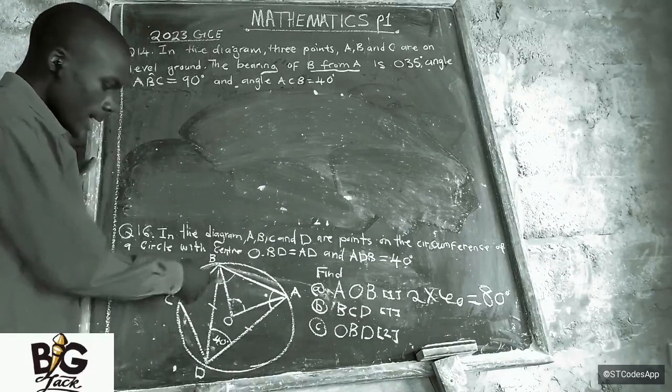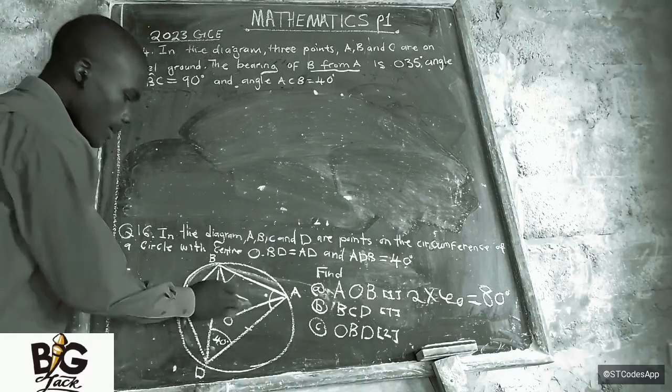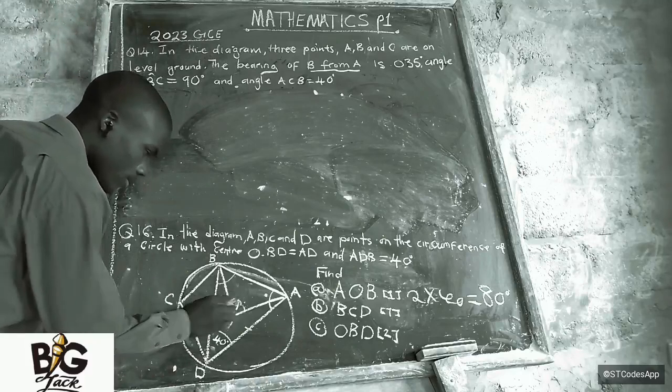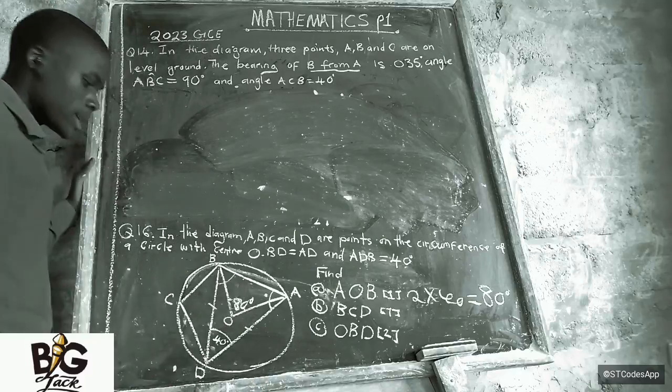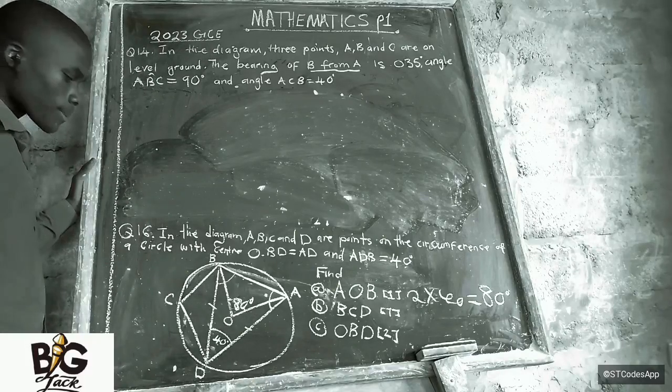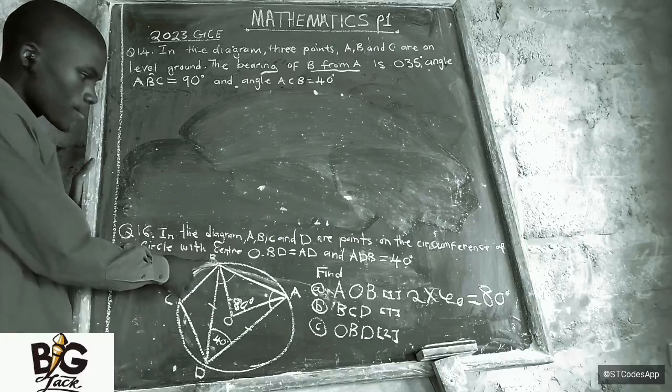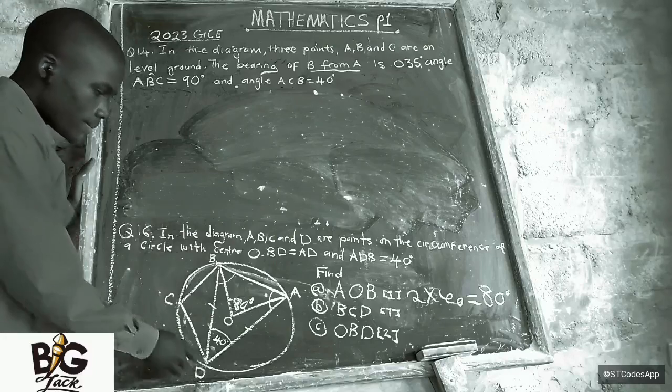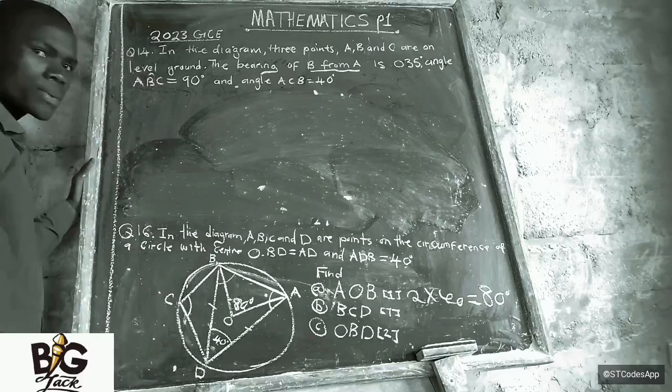Then, as for BCD, where's B? This one. BCD. Remember, this one here is our 80 degrees. Now they are saying we need to calculate B, C, and D, this angle E. How to get it?